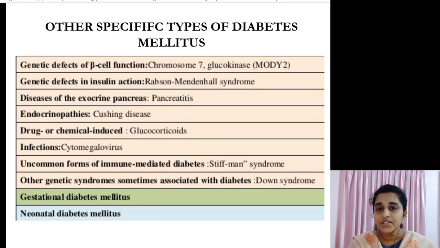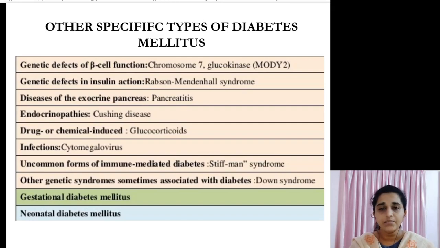Other specific types of diabetes mellitus are genetic defects of beta cell functioning, that is mainly chromosome 7 or glucokinase, genetic defects in insulin action, diseases of the exocrine pancreas, endocrinopathies, drug or chemical induced, infections, uncommon forms of immune mediated diabetes, other genetic syndromes sometimes associated with diabetes, gestational diabetes mellitus and neonatal diabetes mellitus.